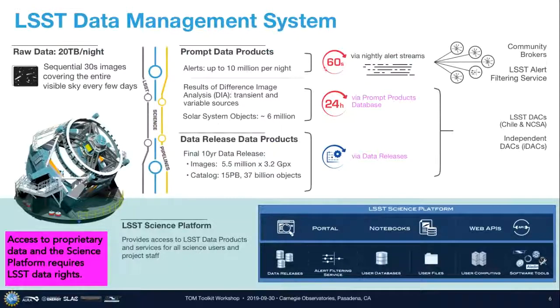And we release alerts computed from those images within 60 seconds of their acquisition. And the rest of that processing on the night results in a catalog of transient and variable sources and calibrated images and difference images and solar system objects that are detected, and that is produced within 24 hours.